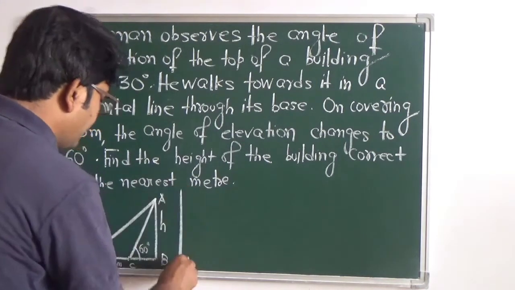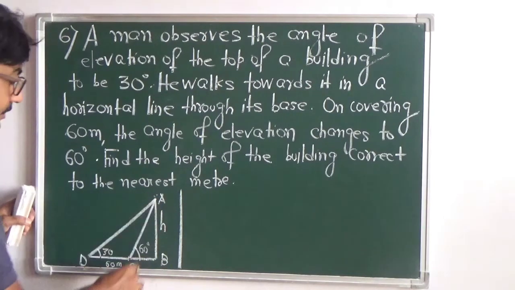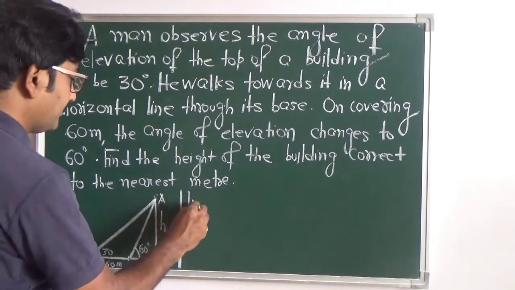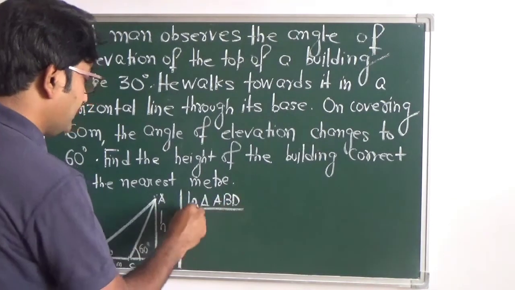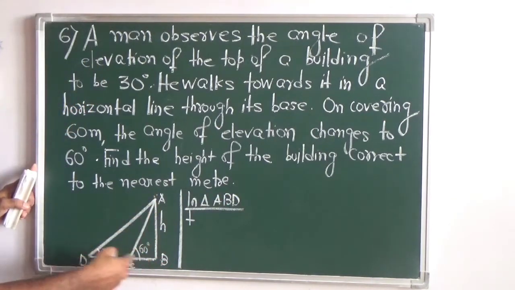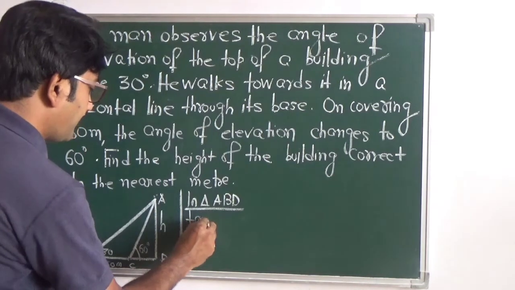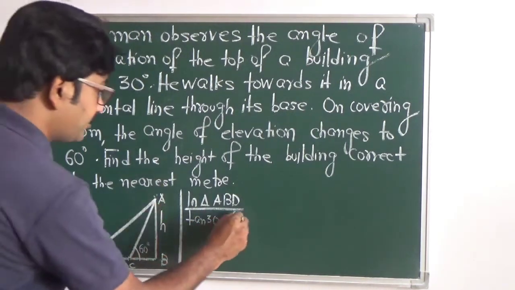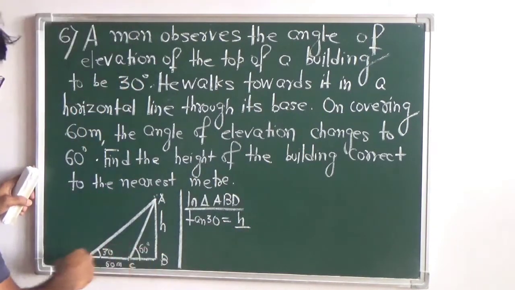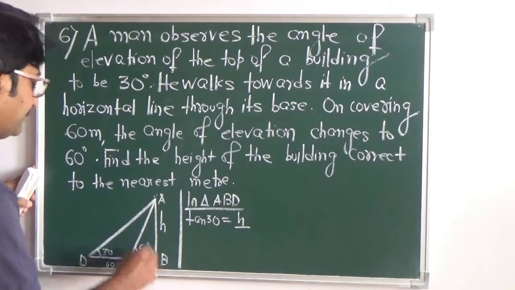Now we have two triangles ABC and ABD. Let us start with triangle ABD. In triangle ABD we have this as the perpendicular and this as the base. The proper ratio you have to take. Perpendicular by base is tan. So tan of 30 degrees is perpendicular H by this distance, and let BC equal x.